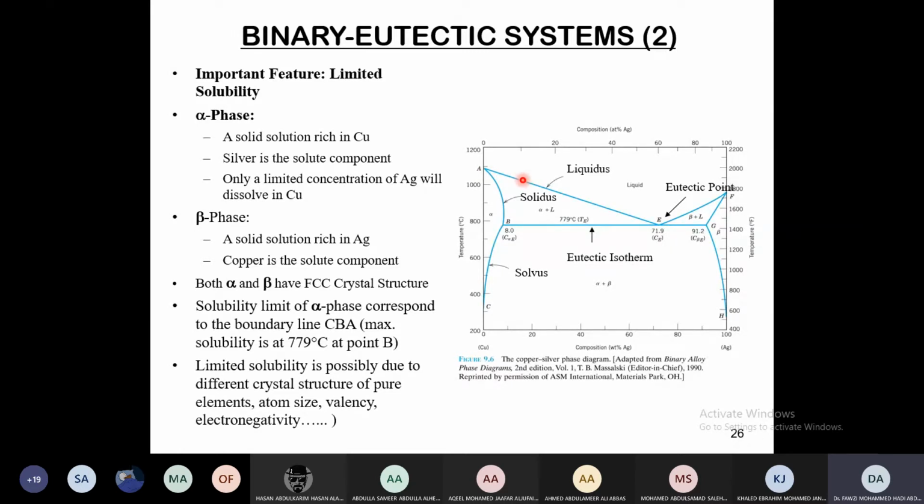It is reducing the melting point temperature further and further until it reaches the minimum melting point temperature at the eutectic point, and then increasing the amount of silver, as you could see, further increases the melting point temperature to reach the melting point temperature of the pure silver, as you can see.